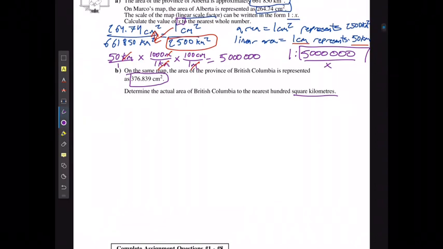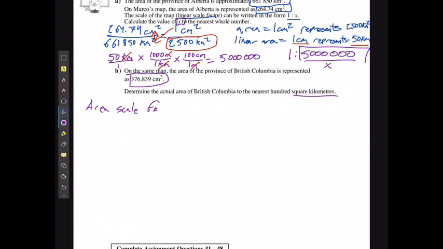Well, we already know that the area scale factor of 1 centimeter squared represents 2,500 kilometers squared. It's going to stay the same throughout the entire map.